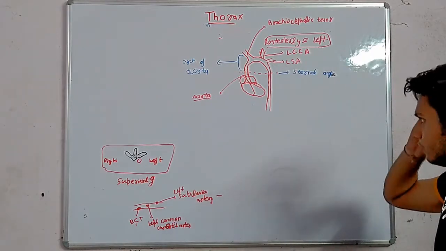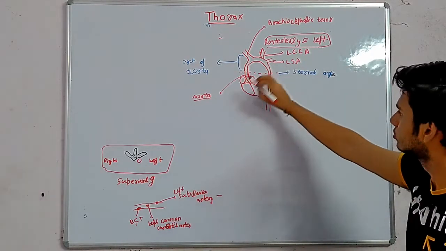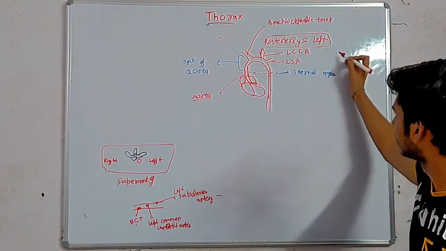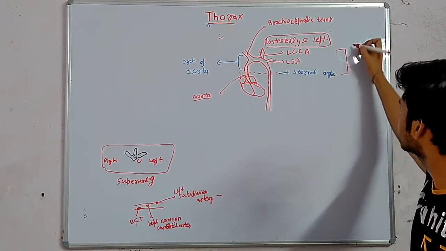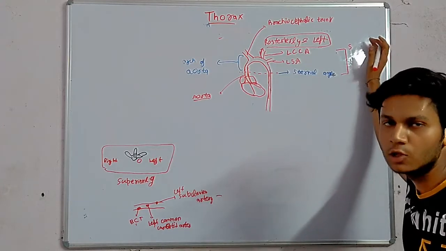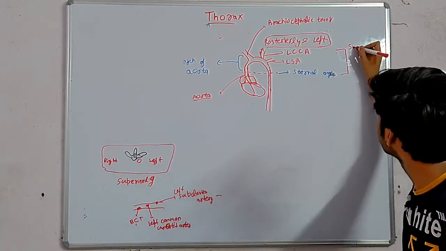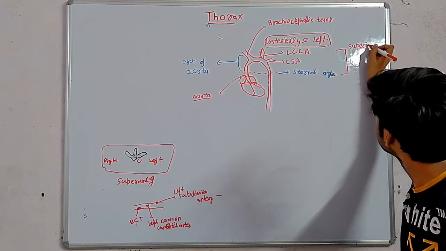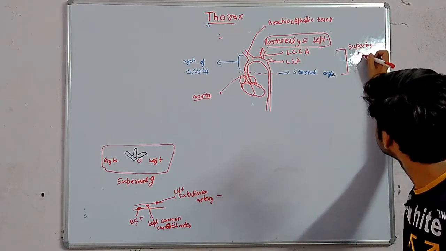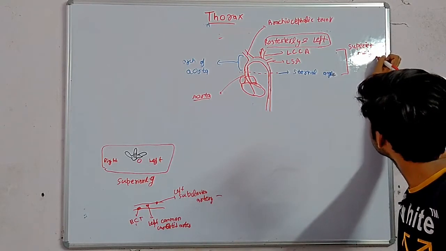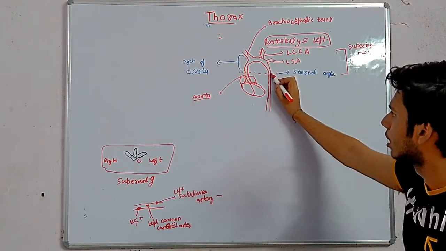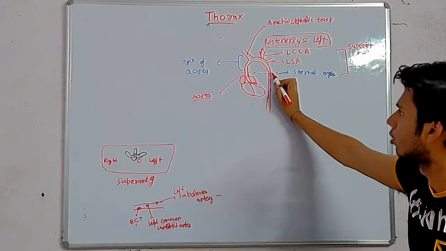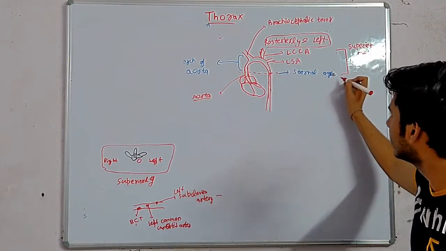This is the sternal angle. Now this part above the sternal angle is the superior mediastinum, because the heart is also present in the mediastinum. Sternum. Now the starting of the thoracic aorta is in the middle mediastinum.